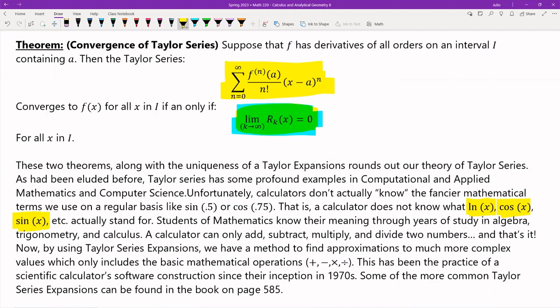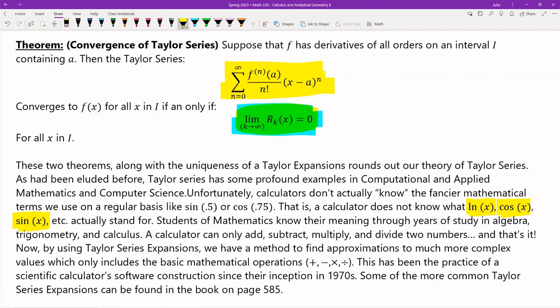This Taylor series expansion has been the standard practice for the construction of the software for any scientific calculator that you can think of since the 1970s. This is how we can get calculators to solve these particular oddball values.